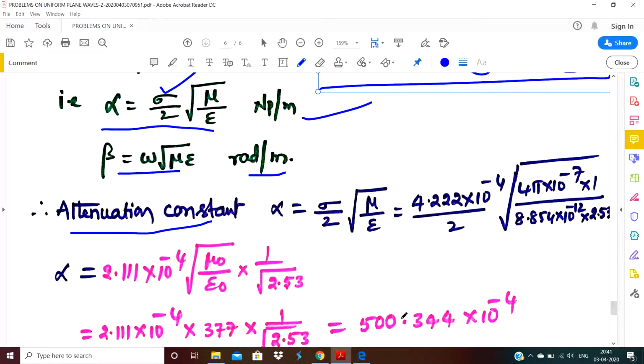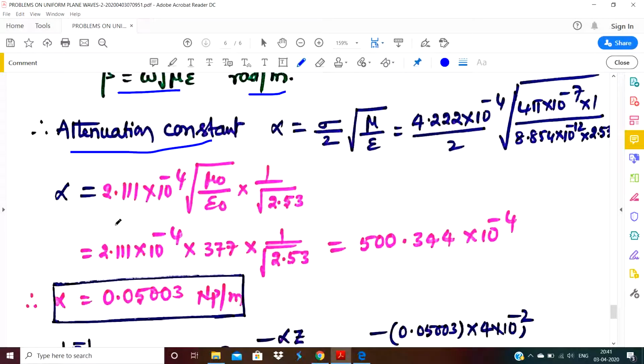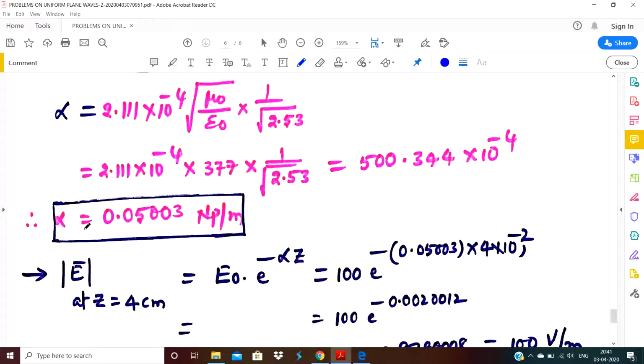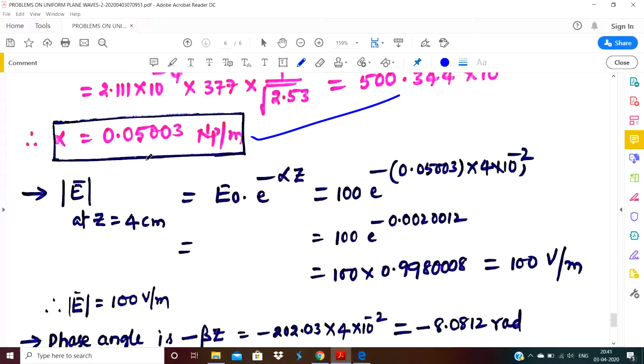Substituting and simplifying, alpha equals 0.05003 Nepers per meter. This is how we can calculate the attenuation constant.